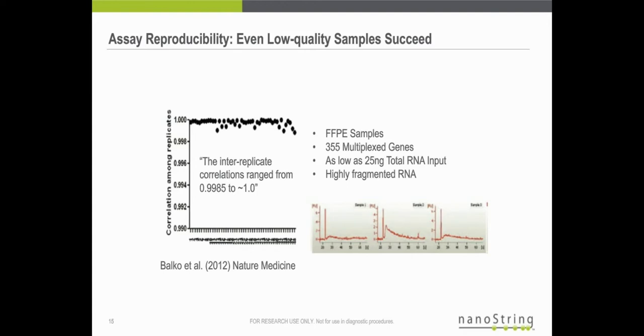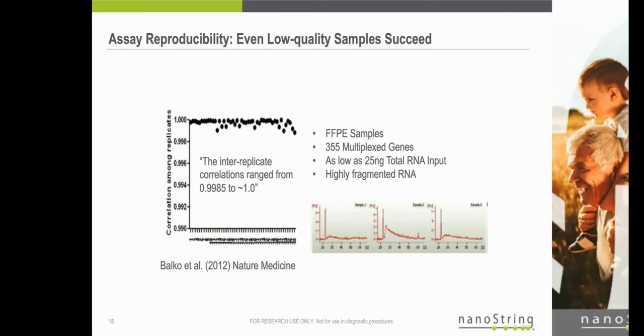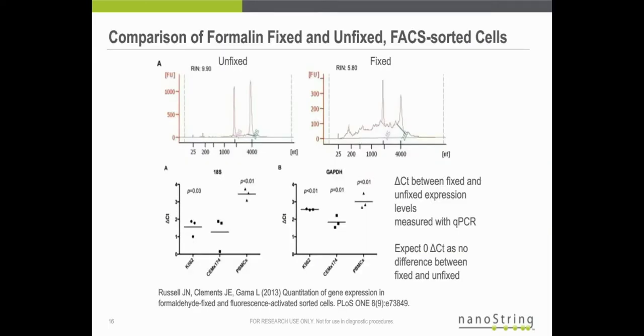The next example also focuses on fixed samples, but these are formalin-fixed cells that were processed for FACS. So on the top in the bioanalyzer traces, you can see the effects of fixation with unfixed cells on the left and the fixed cells on the right. And in this study, the authors compared qPCR and NanoString.